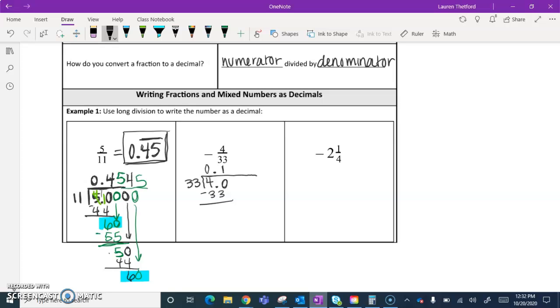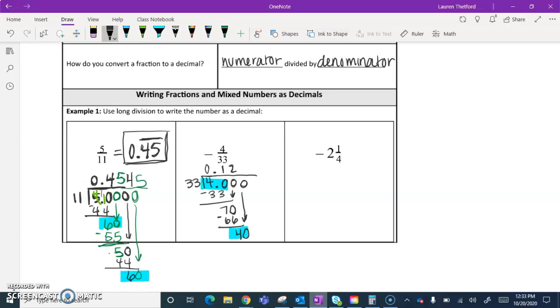I'm going to subtract these. 40 minus 33 gives me 7. I'm going to bring down my 0. 33 goes into 70 2 times. 2 times 33 is 66. When I subtract those, I get a 4. Bring that down. Now I have 40, and I've already done this one before too. We did that right up here when we had 40, and now we have 40 again.